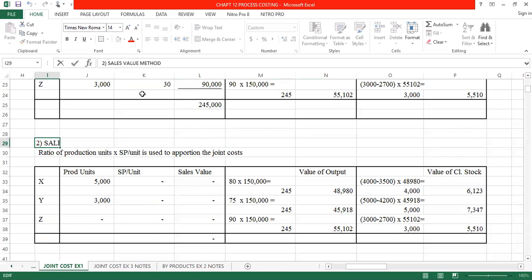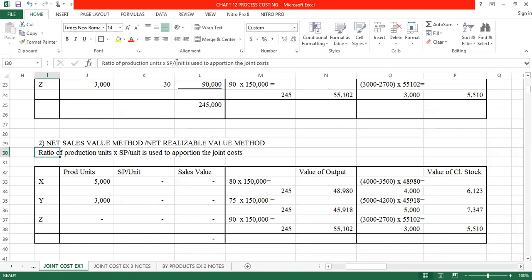It is net sales value, also called net realizable value. So in this case, the ratio of production units times sales value, minus post separation costs.